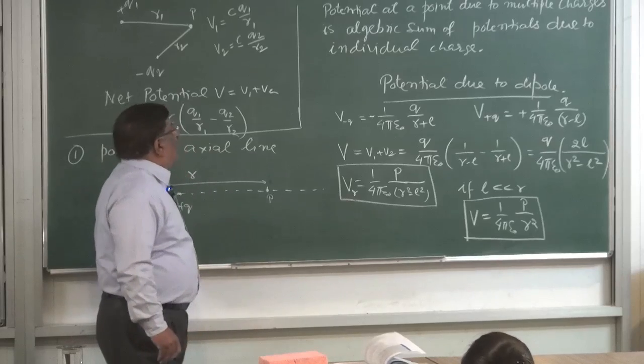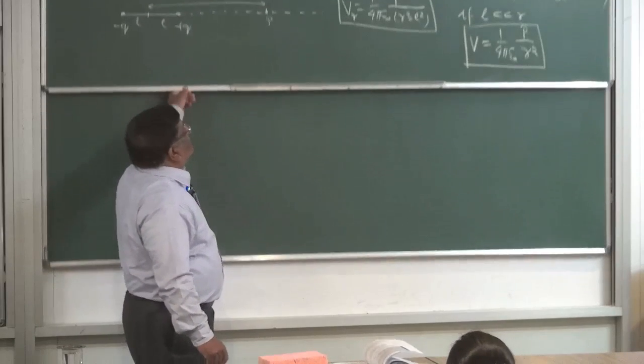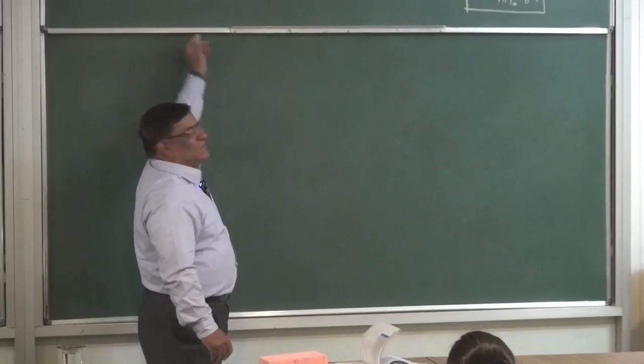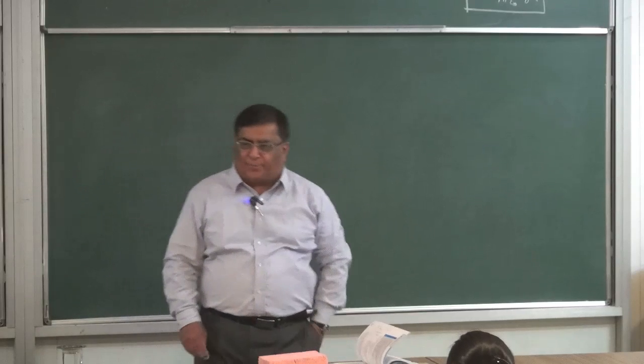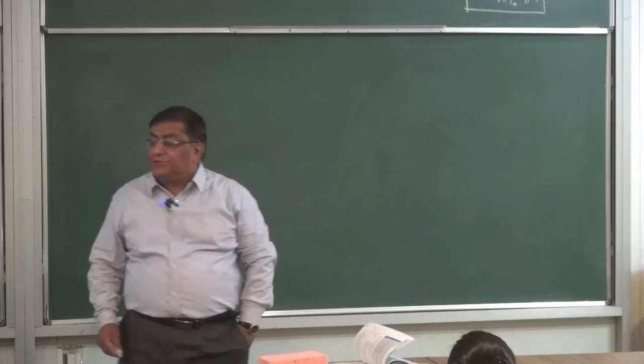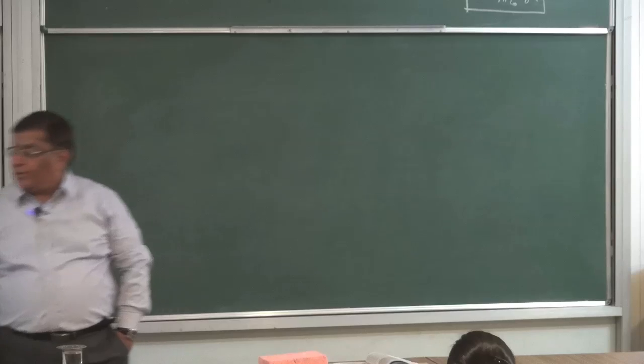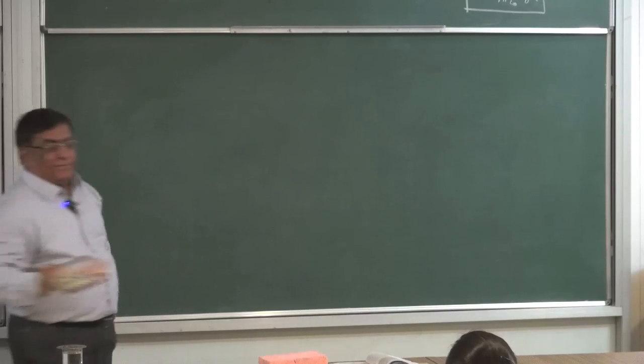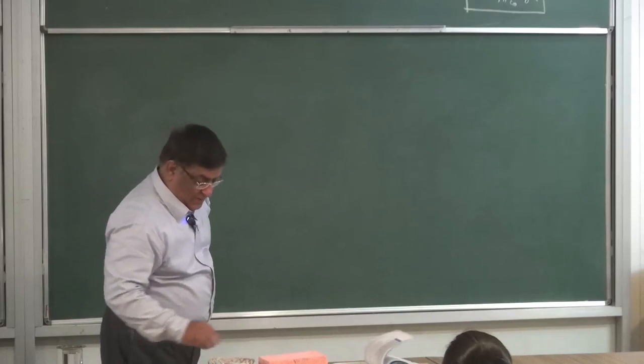Okay. Now we come to another charge distribution, that is the same charge distribution, dipole, but another situation. That is, we will take the point P on the equatorial line.